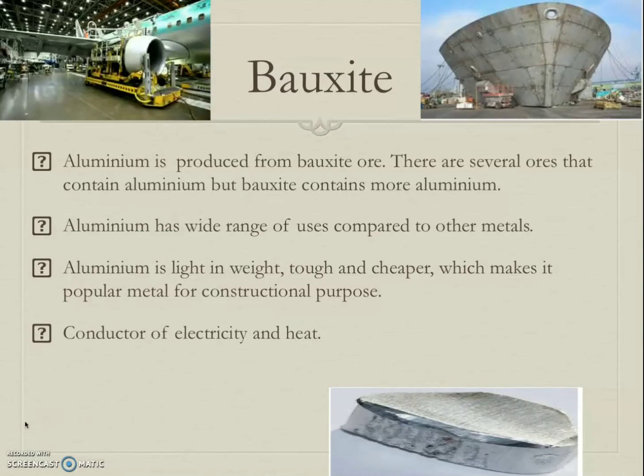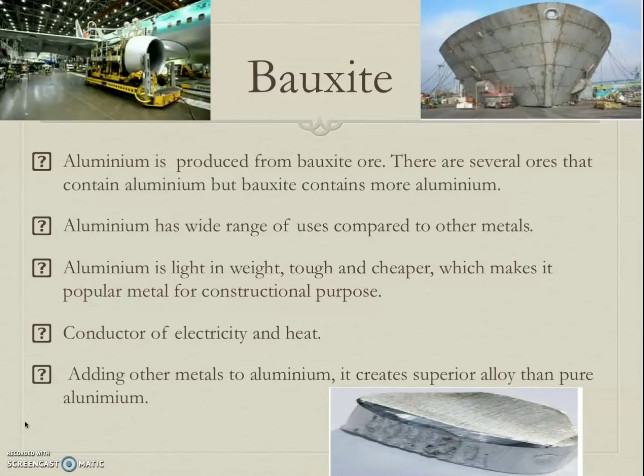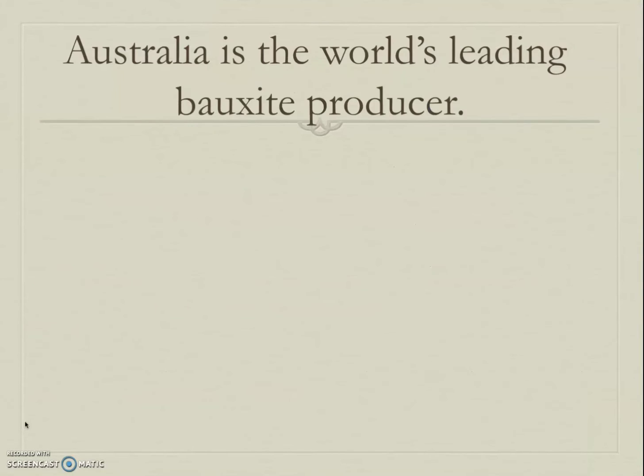Aluminium is a good conductor of electricity and heat. Hence it is used for making electrical cables. By adding small quantities of other metals to aluminium, it creates a superior alloy than pure aluminium. Australia is the world's leading bauxite producer.